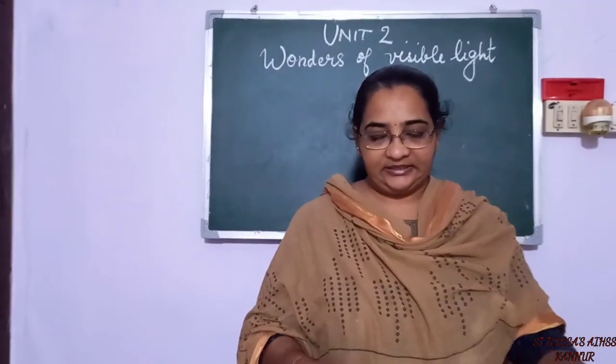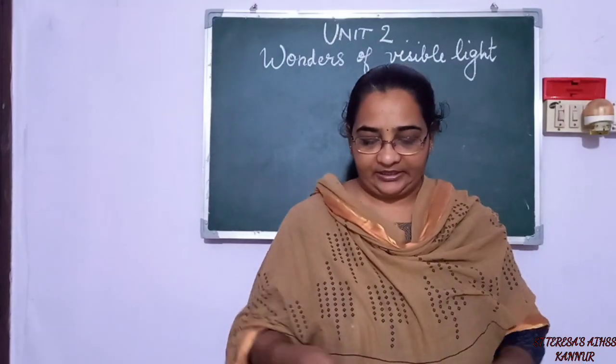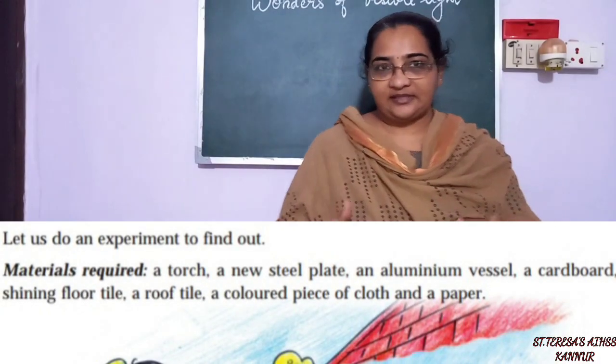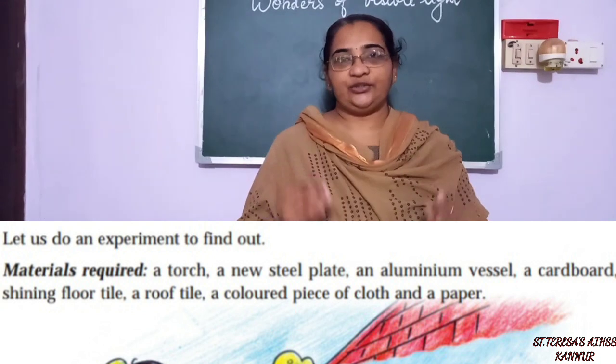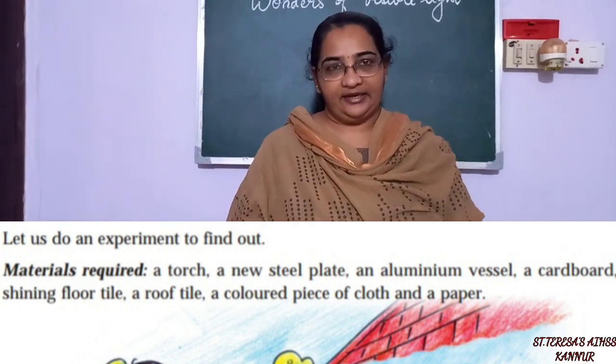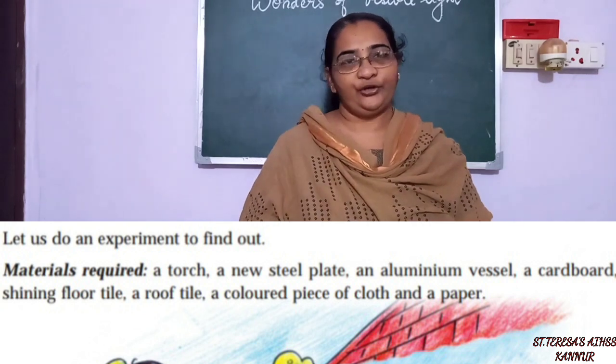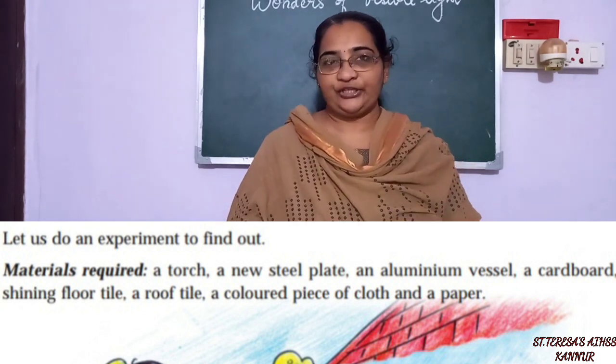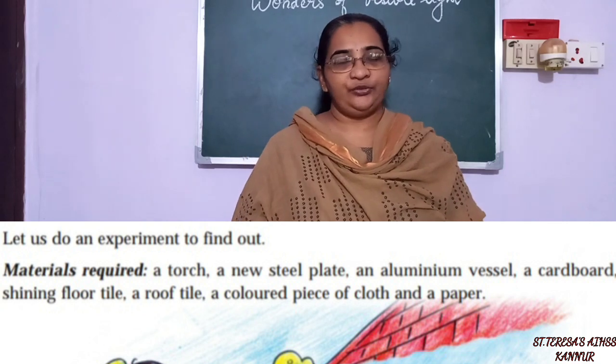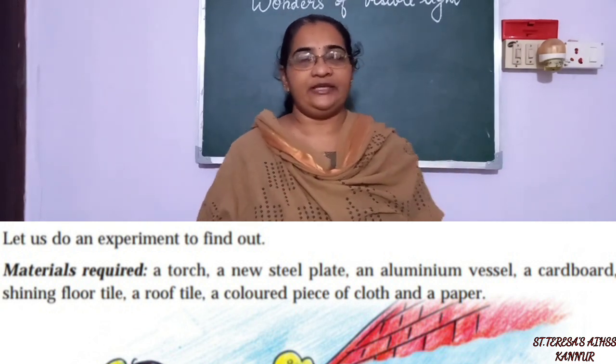Now there are certain things given in your textbooks. Using those things, you have to conduct the experiment and write down your findings in your notebook. I am not going to do all the things with you. These are things which are easily available in your home.